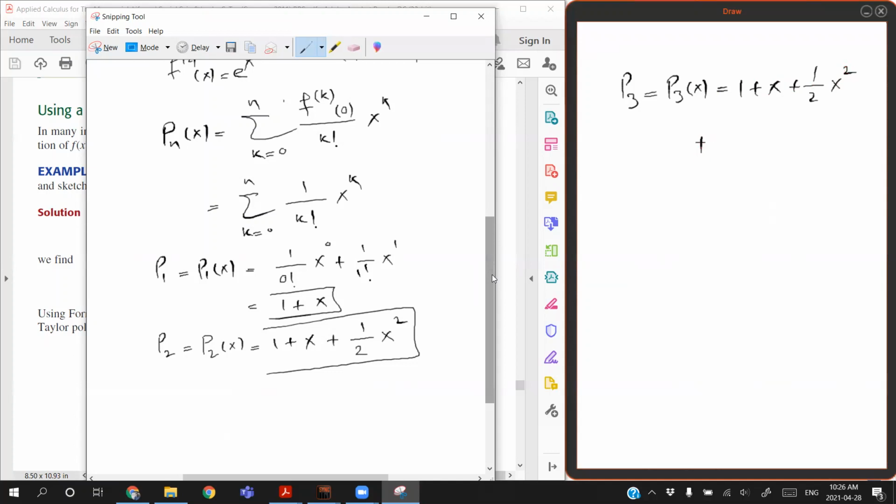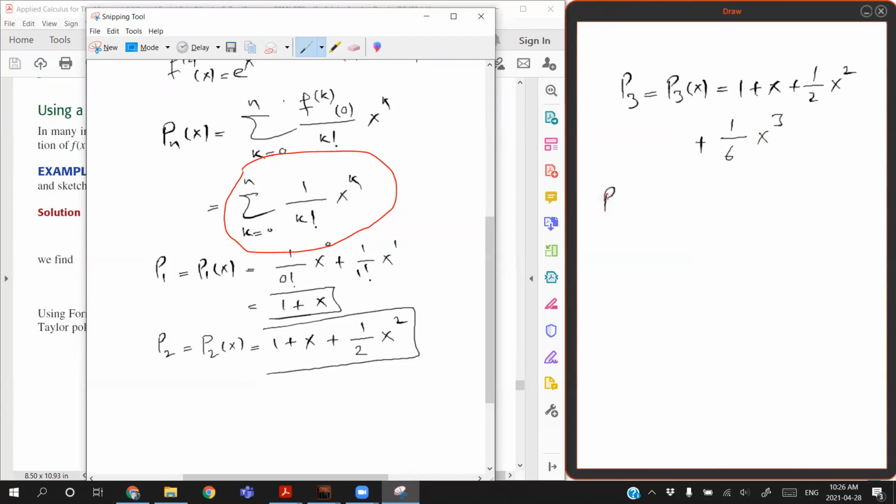And then in this formula here, I'm going to plug in k equals 3. If k is 3, what do I get? I get 1 over 3 factorial. And 3 factorial is 3 times 2 times 1. So it's 1 over 6, x to the power of 3. So that would be the next one.